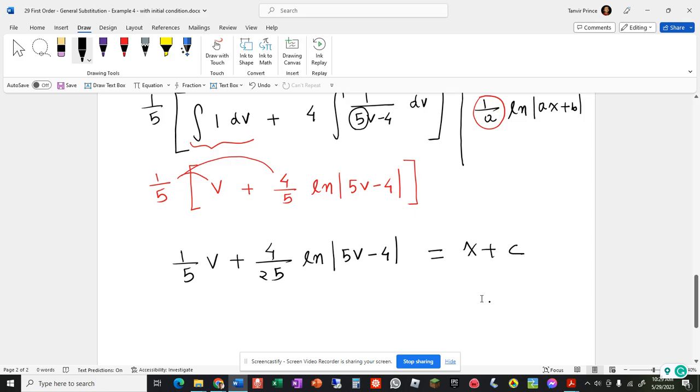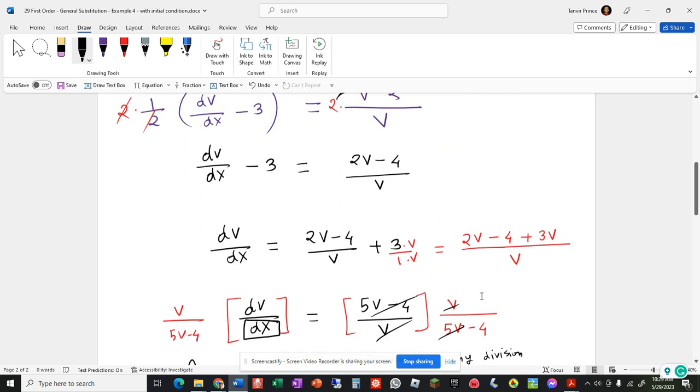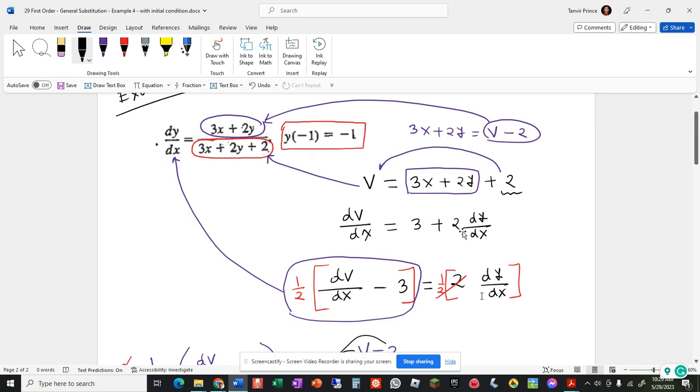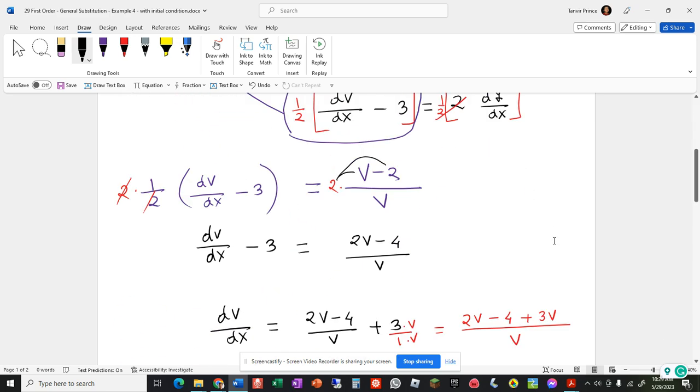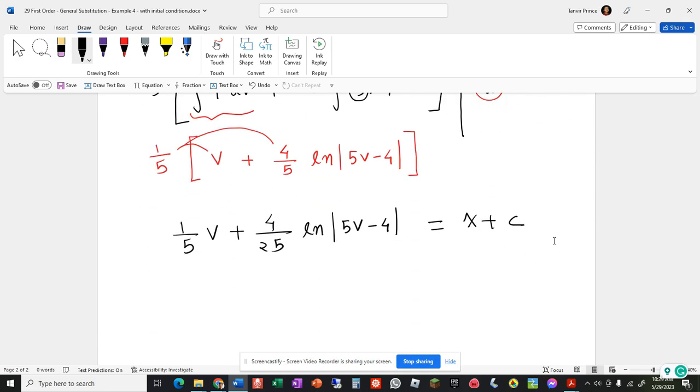At the end of the day, you have to substitute back the v. So what is my v? My v is actually equal to 3x plus 2y plus 2. So let's substitute 3x plus 2y plus 2. So my v is equal to 3x plus 2y plus 2. Let's substitute this back.